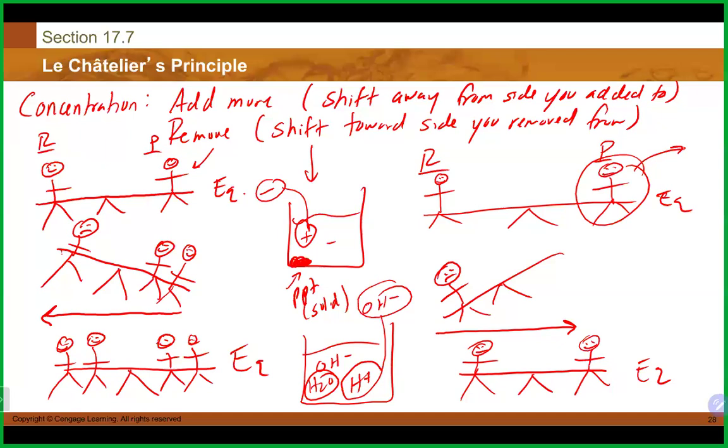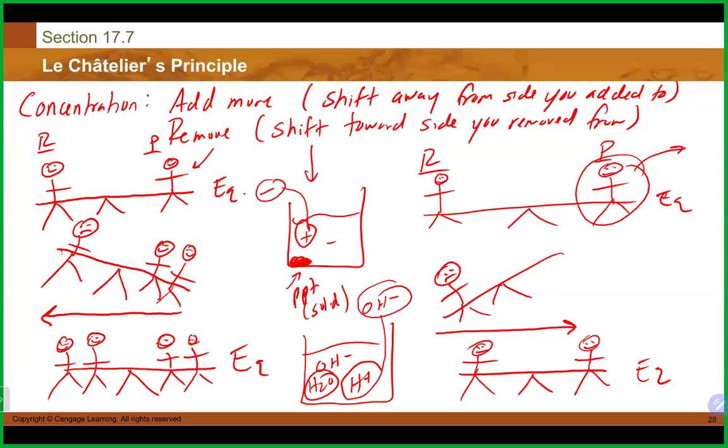Or if you want to remove the hydroxide, the OH minus, you could add some acid to it, and that would provide an H plus that will react with the OH minus and remove it. Water, which is a pure liquid, won't affect equilibrium either. So again, that is a way to reach into a solution in a sense and pull out those ions. Any questions on that?